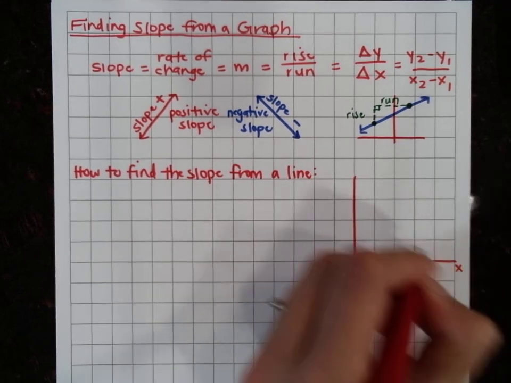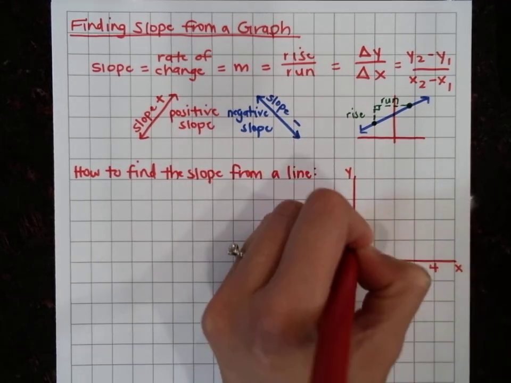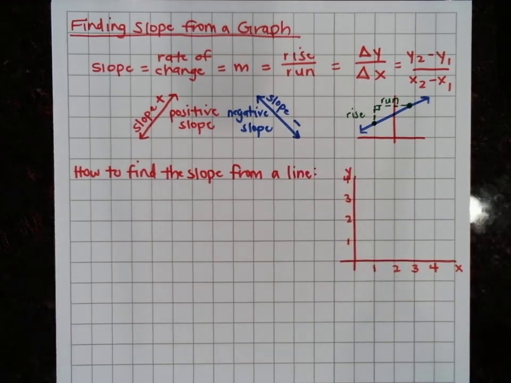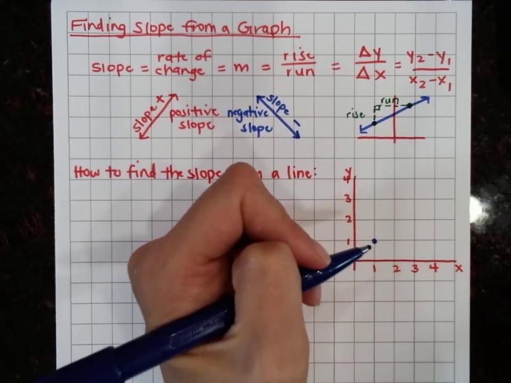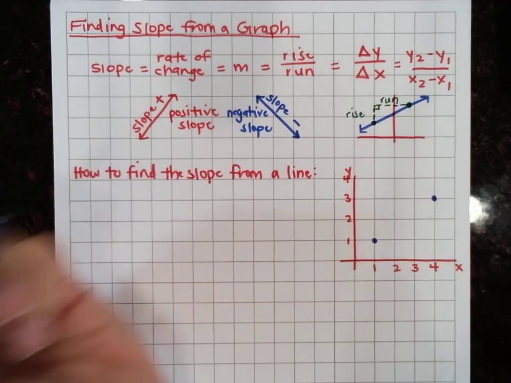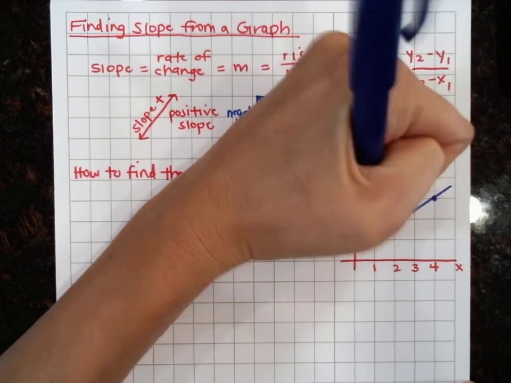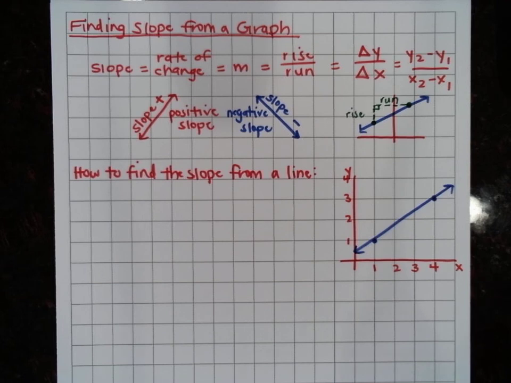And so we have our x-axis and our y-axis, 1, 2, 3, 4, positive 1, 2, 3, 4. And then we're going to draw 2 points. So one at 1, 1, and another at 4, 3. And then we're going to connect those dots, and that's our line that we are going to calculate the slope of.